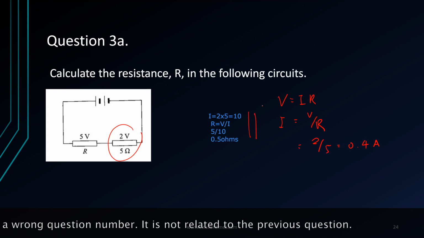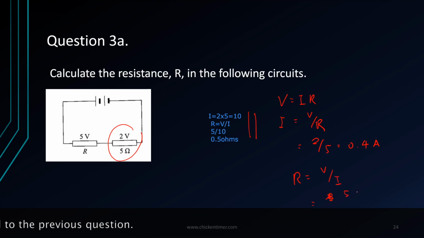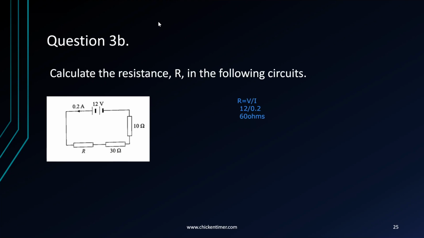12.5 ohm. So then R equals V over I equals 5 here divided by 0.4. 12.5. R equals V over I, 12 divided by, when you do that, what you are doing is 0.2 amps, 12 volts. Then you have an R total here.